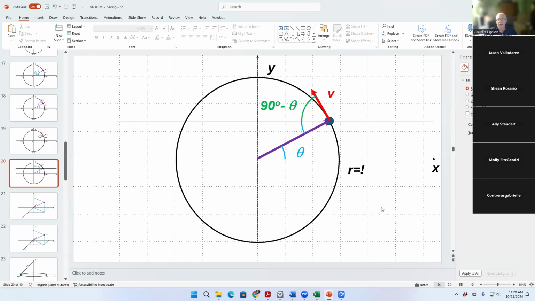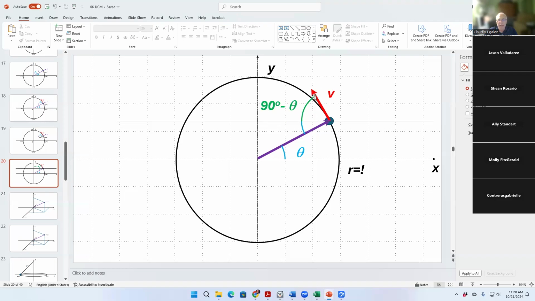Okay. And now we can break down the components of my velocity vector. The velocity vector will have an x component right in here and a y component. My x component is going to be minus v sine of theta. Can you see that?